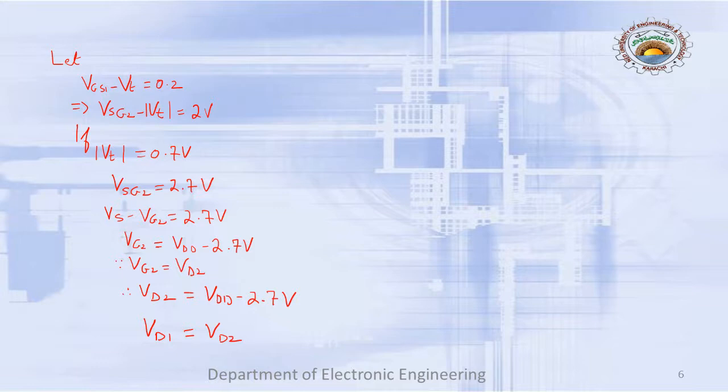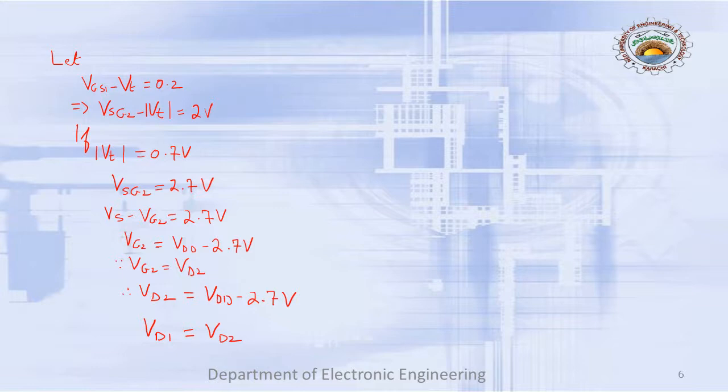So what about the gate potential? VG2 is equal to VDD minus 2.7 volts, since VS is equal to VDD.